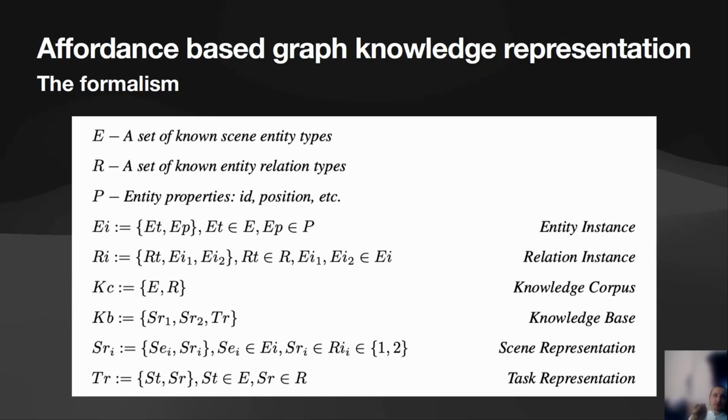So each property will have a spatial position and anything that could be useful at a later stage. There is a set of entities that we discover in the scene, then we discover a set of relations. We form graphs from them, and all those entities and relations form a knowledge corpus.